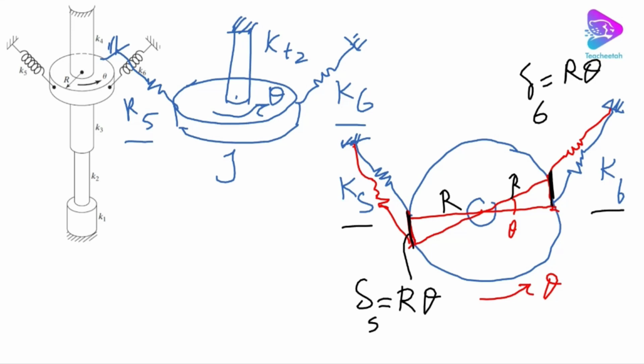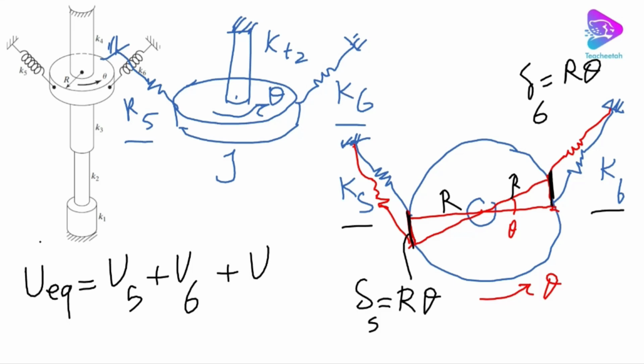So for that case, we should write U, the potential energy of the equivalent spring, is equal to the potential energy of the springs in the system. What do we have here? We have U5, which belongs to K5. We have U6, which belongs to K6. And finally, we have UT2, which belongs to KT2, right? Don't forget that.